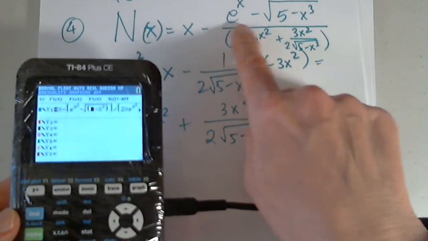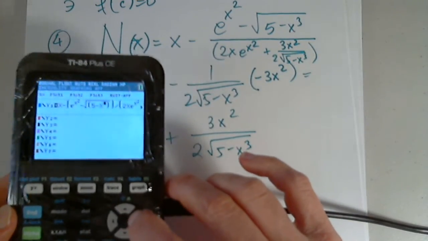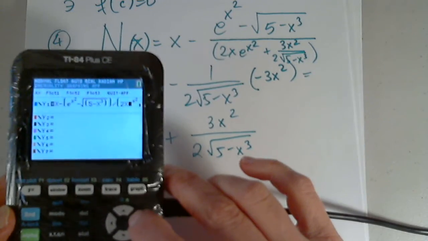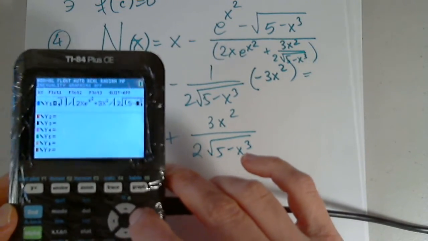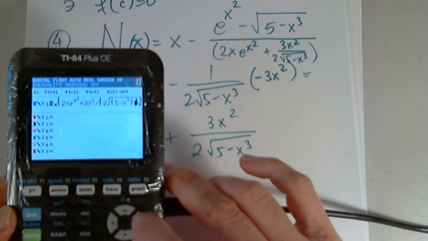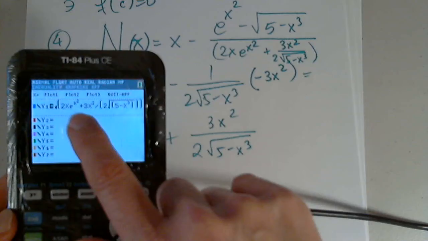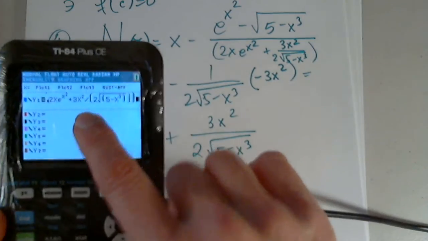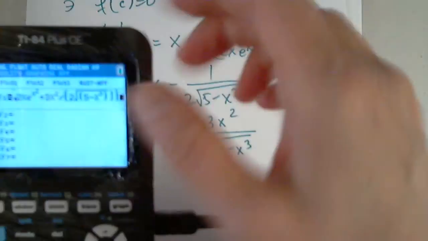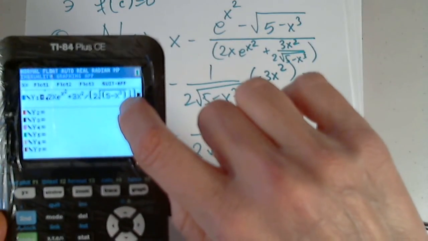So I have x minus this, and the denominator is 2x e to x squared plus 3x squared, careful here, divided by, in parentheses, I put this denominator, this small denominator in parentheses.